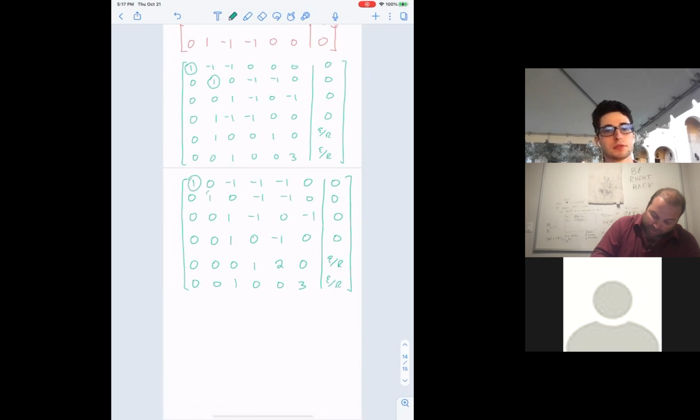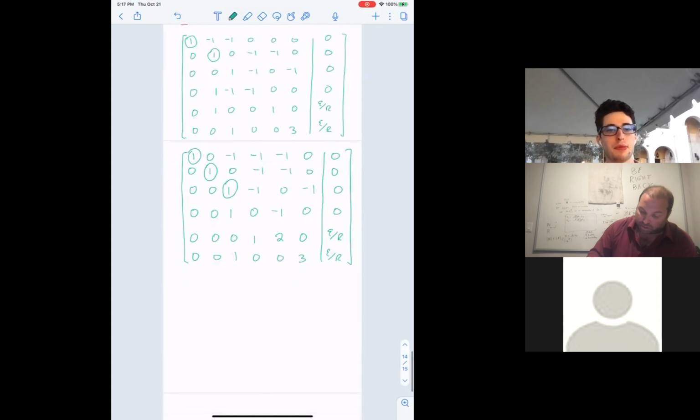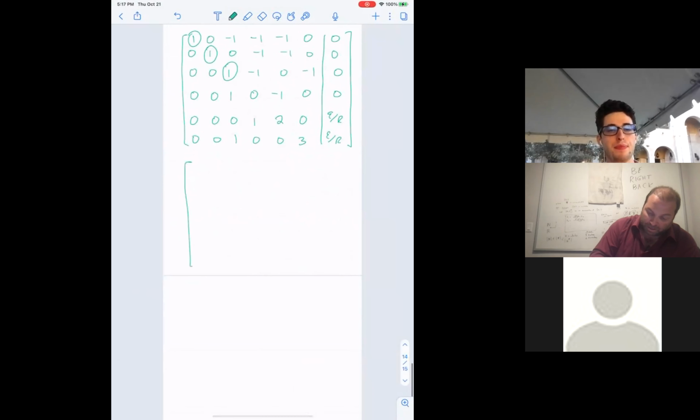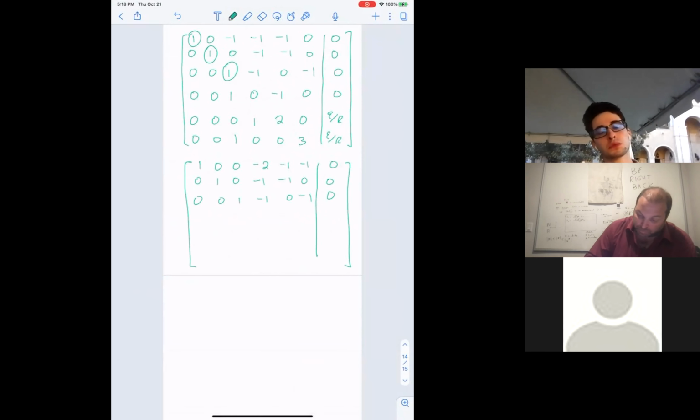So first column, great. Second column, great. Now we move to the third column. So for the third row, 0, 0, 1, -1, 0, -1, and 0. That's great. Second row has a 0 there, so everything is great. First row has a 1. I'm going to add them. 1 plus 0, 0 plus 0, -1 plus 1, -2, -1, -1, 0.